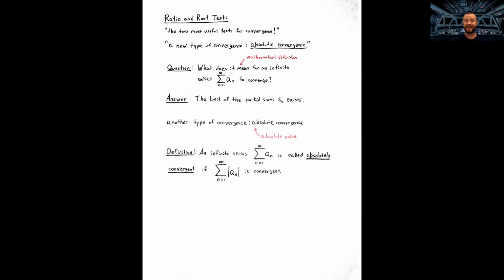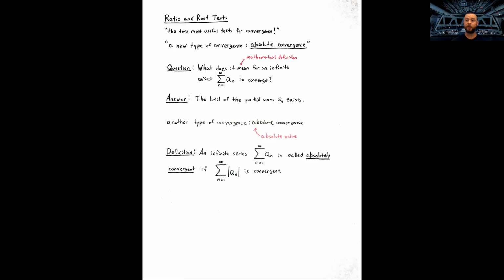We say an infinite series is called absolutely convergent if the infinite series where the term a sub n has been replaced with the absolute value of the term a sub n is convergent. Basically, we take our infinite series with the term a sub n, that could be positive or negative, and then we look at the infinite series where all the terms are now the absolute value of a sub n.